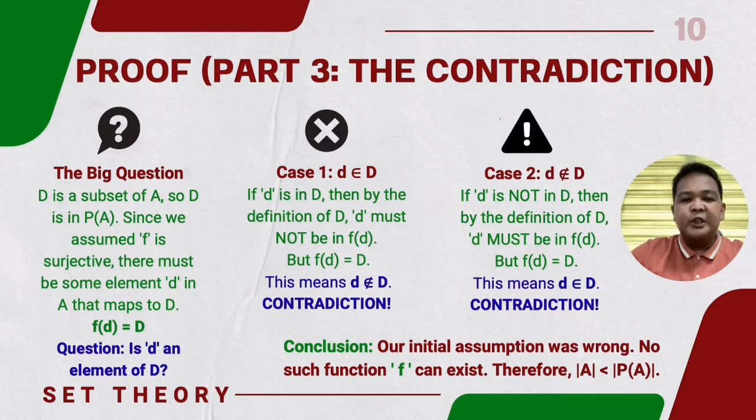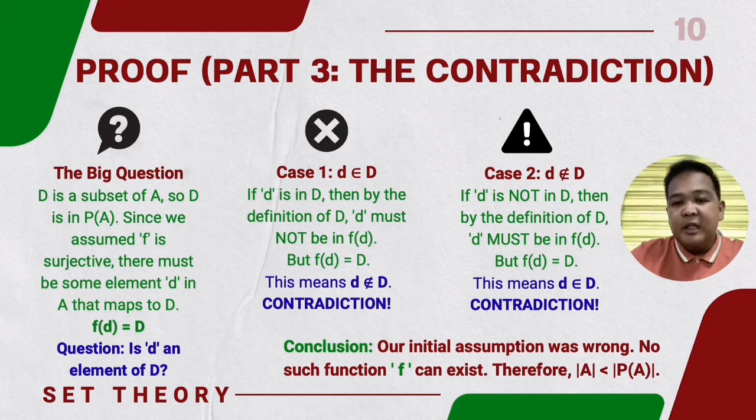Similarly, in case 2, if d is not in D, then according to our definition, d must be in f(d). Again, since f(d) = D, we encounter another contradiction, suggesting d is in D after all.